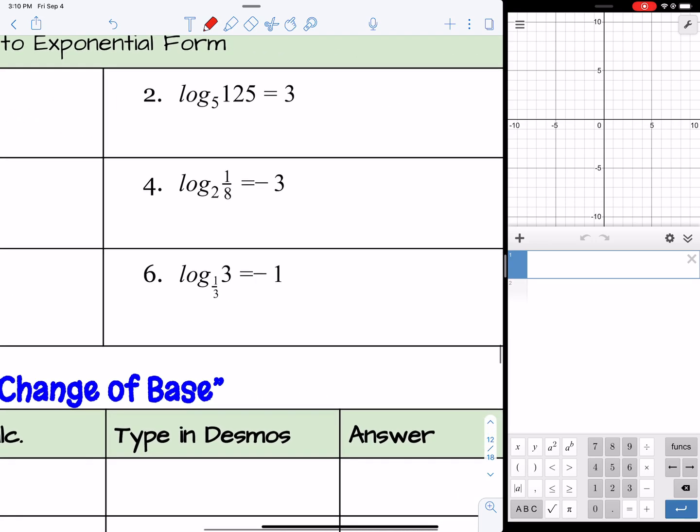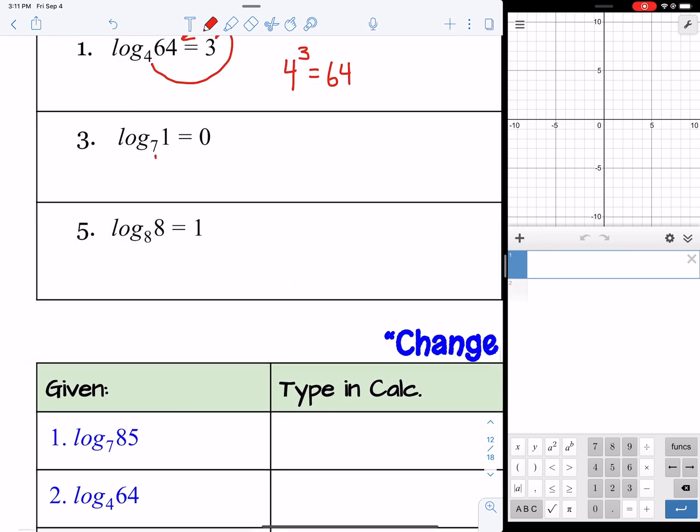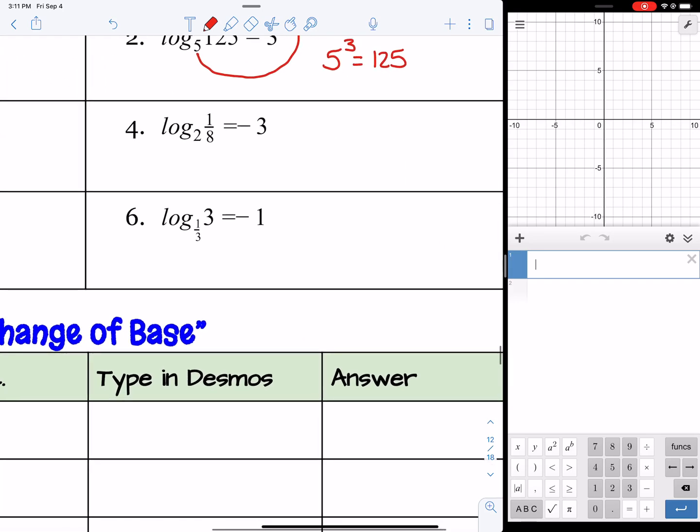All right, for number 2, we're going to say 5, that base number, to the third power is equal to the number across the equal sign, 125. All right, so we'd say 7 to the 0 power equals 1. For number 4, we can say 2 to the negative 3 power equals 1 over 8.